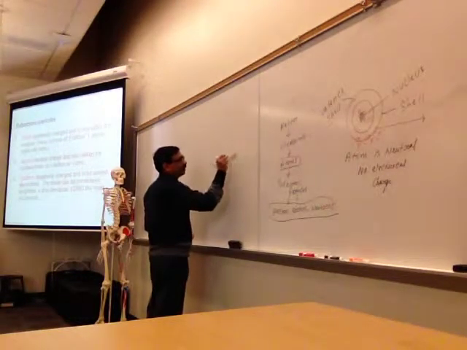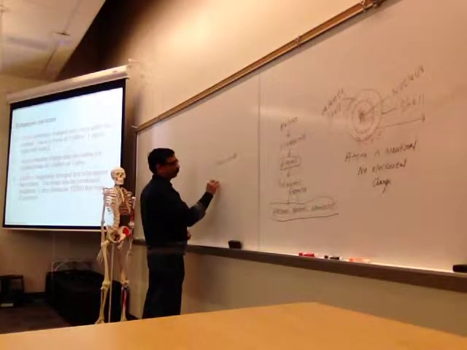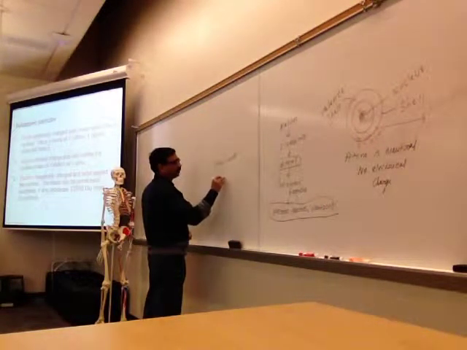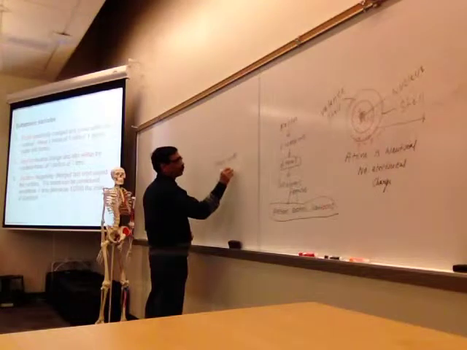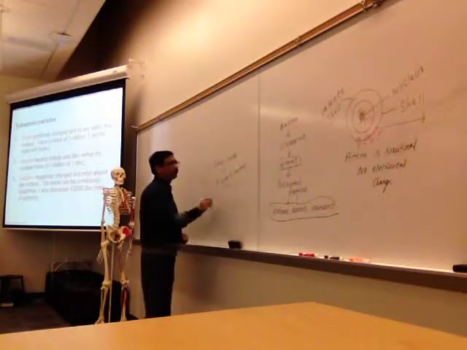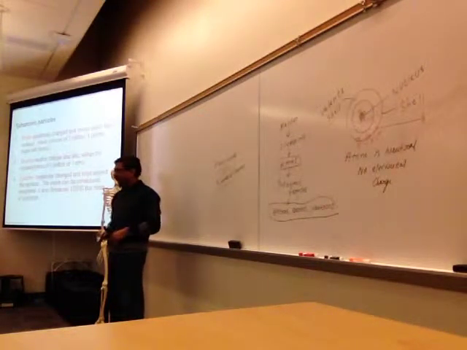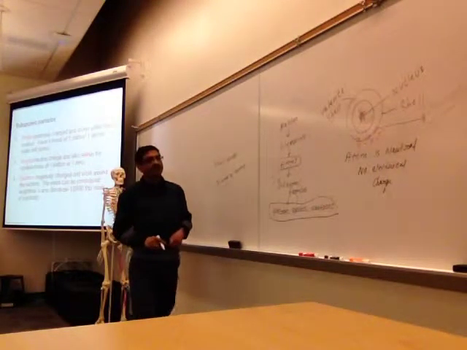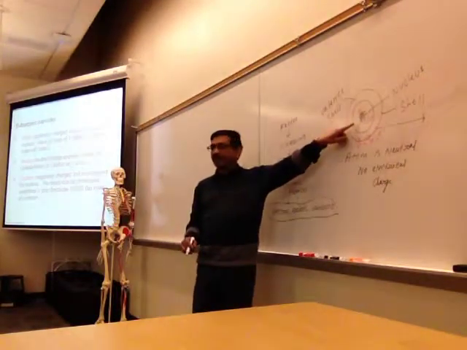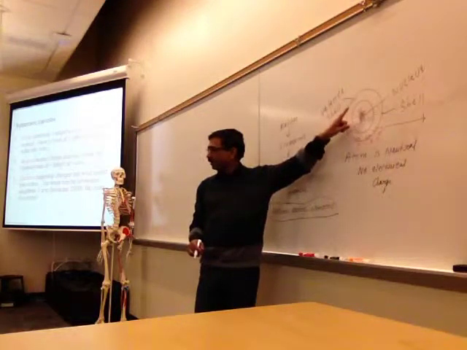Atomic number is the number of protons in the nucleus. Make sense? Number of protons. So tell me, what's the atomic number of this atom? 3. Because there are 3 protons, right?